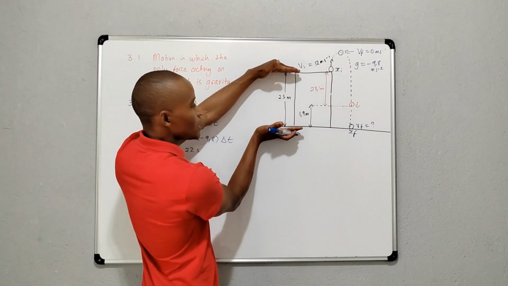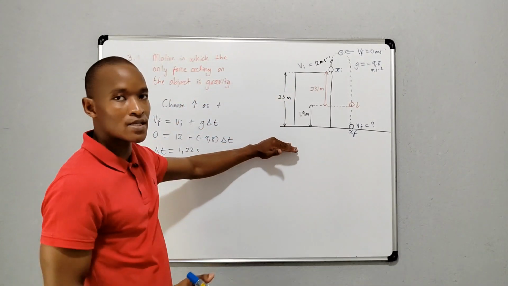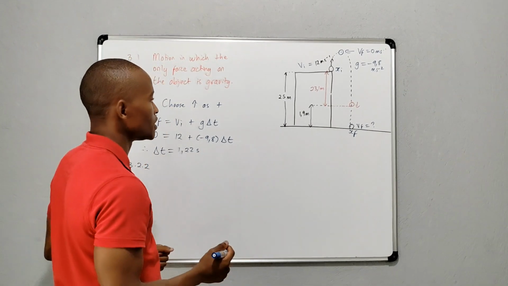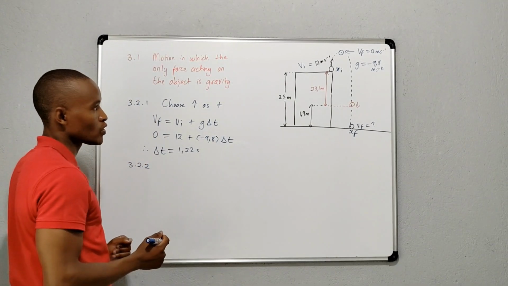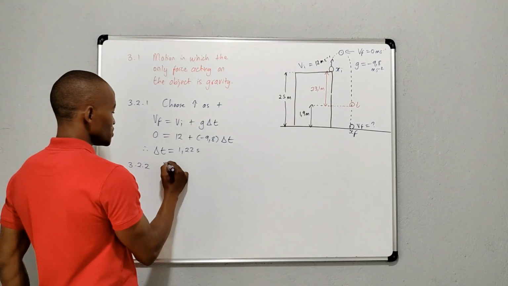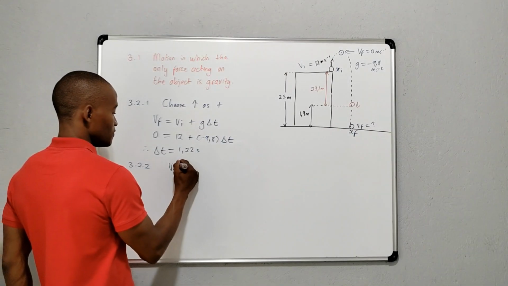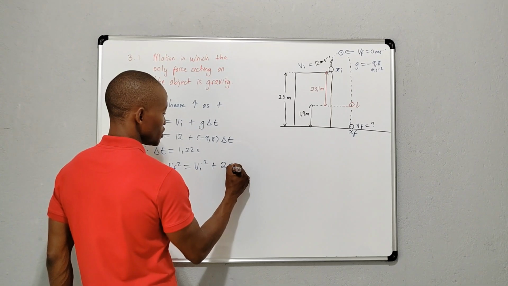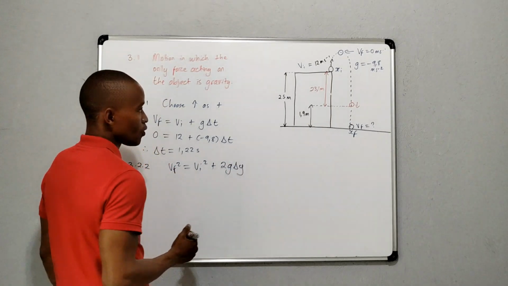So what is the displacement there? It is 25 meters down. Then we have what we need. Let us go to one of the equations of motion. We can use this one: Vf squared equals Vi squared plus 2g change in y.